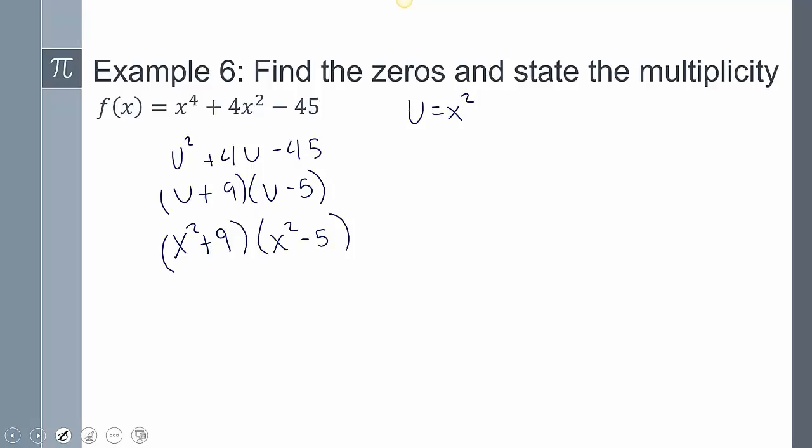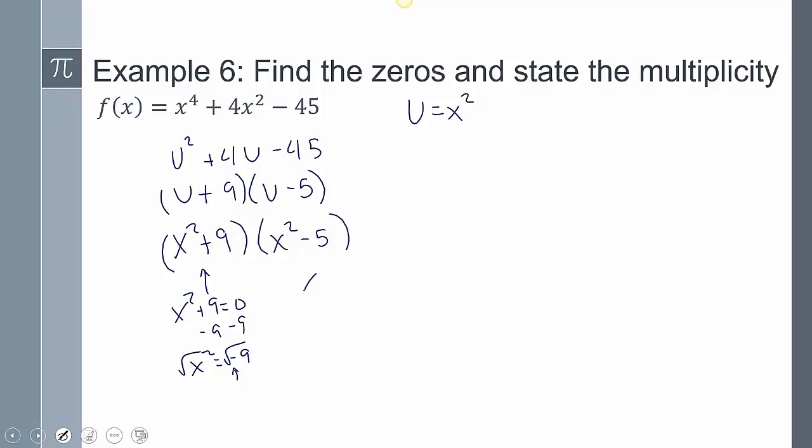Solving for the first one, that's not really going to work because I'm going to get i's. x squared plus 9 equals 0, minus 9 on both sides, x squared equals negative 9, take the square root. We have a negative inside of a square root, which gives us imaginary numbers. Those aren't going to be zeros that we can use.